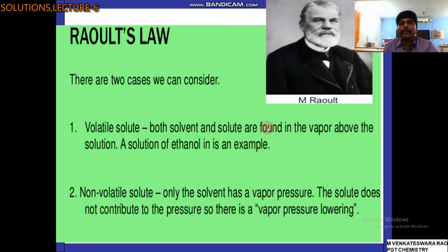Here, a vapor pressure will come for both solvent and solute. Example is solution of ethanol. With a non-volatile solute, only the solvent has vapor pressure. Both cases are important from the point of view of examination, so we will discuss them one by one.